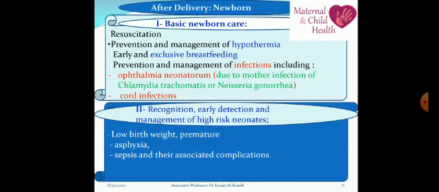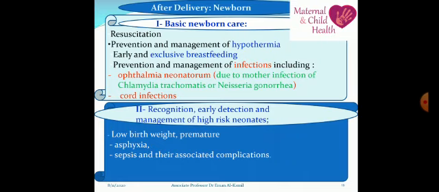They are the most important microorganisms in causing ophthalmia neonatorum, and this needs special treatment because if it is not treated properly, it will lead to blindness of the baby. So it is important to manage this health problem, which is ophthalmia neonatorum.